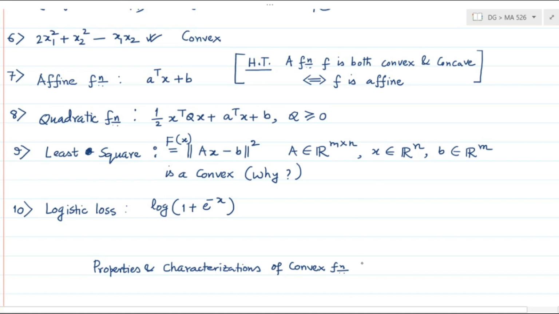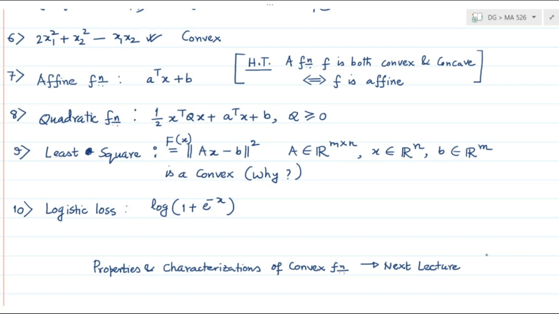In the next lecture our agenda will be the discussion of the properties and several interesting characterizations, zeroth order, first order and second order characterization of convex functions. By zeroth order I mean where the derivative of the function will not be used.